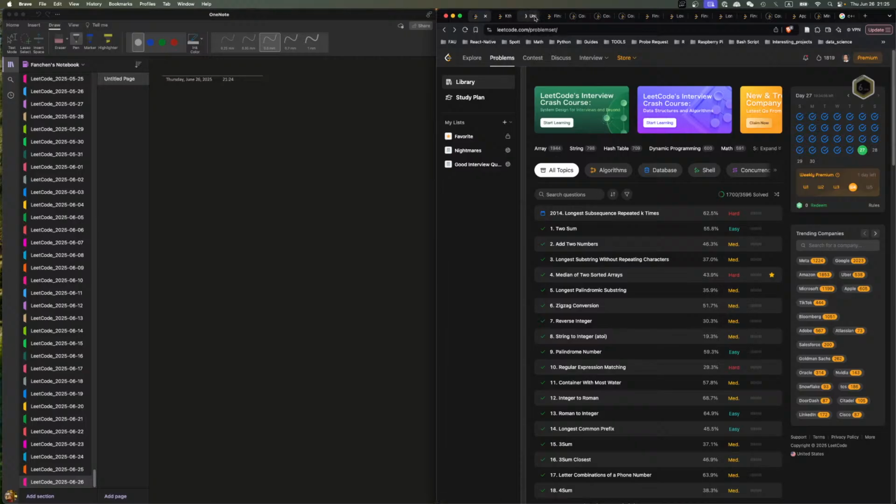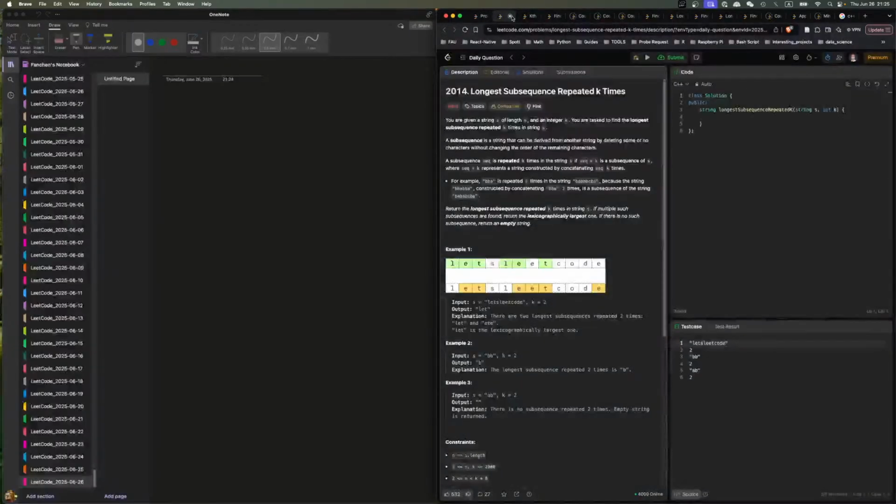Longest subsequence repeated k times. You are given a string s of length n and an integer k. You are tasked to find the longest subsequence repeated k times in the string.